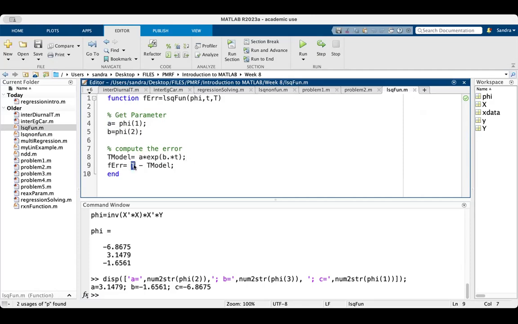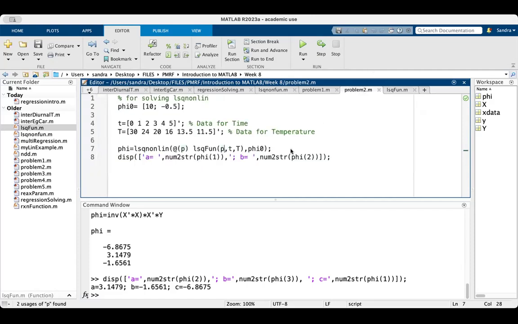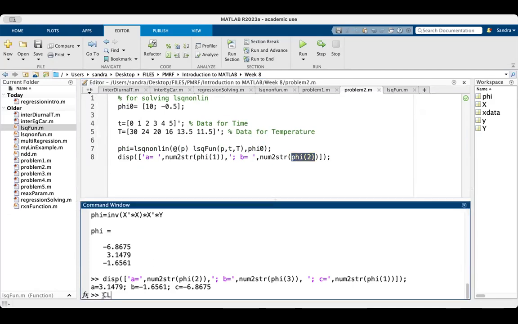And for error, I have to calculate T minus the T model, where T is given to me in the question, minus the model equation. That is my output of the function. Now going back, I use phi 0 as the initial guess. Out of this phi, the first entry will be my A, the second entry will be my B. So I display those correspondingly. Clear?